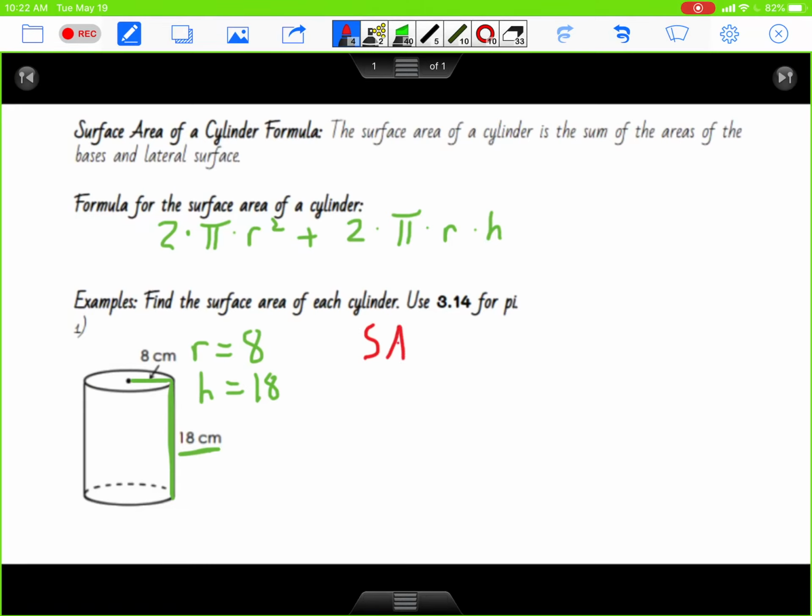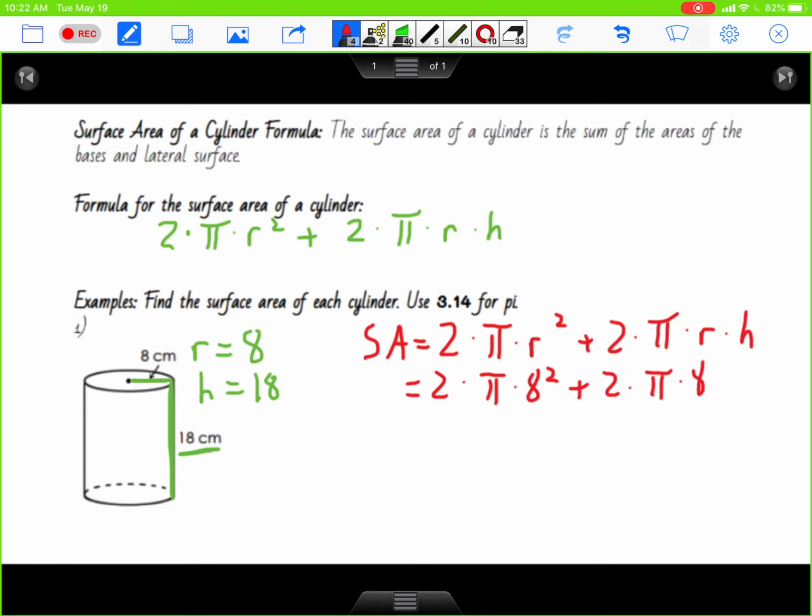So once again, my formula is 2 times pi times radius squared plus 2 times pi times radius times height. Plug in my numbers: 2 times pi times 8 squared plus 2 times pi times 8 times 18.